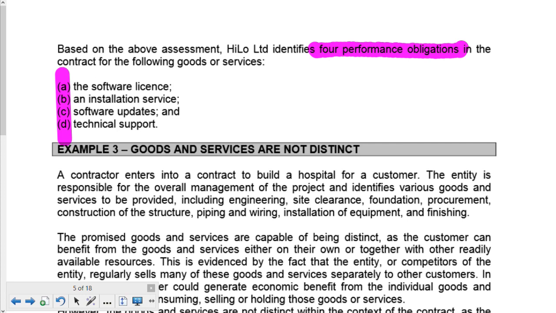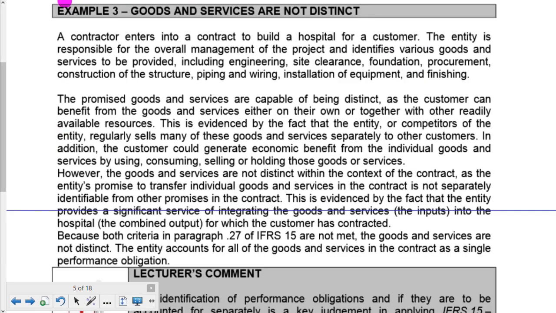So example 3 is now one where the goods and services are not distinct. This one is a contractor, so it's similar to the first one, that's building a hospital. And they're responsible for the overall project management of that hospital. They've identified various goods and services that will be provided: engineering, site clearance, foundation, procurement, construction, piping, installation of equipment, and finishing.